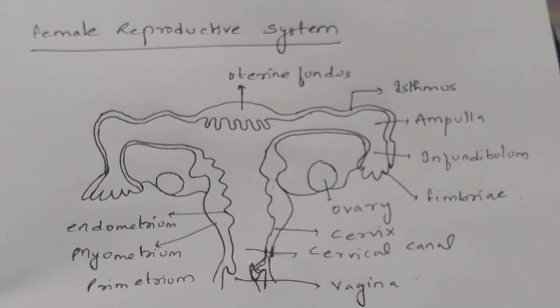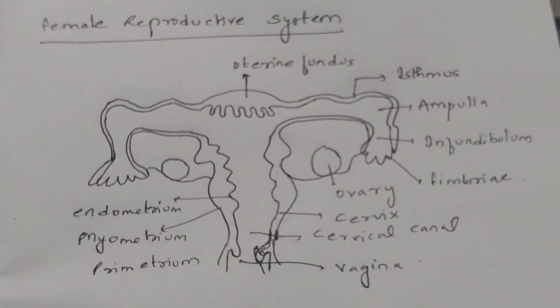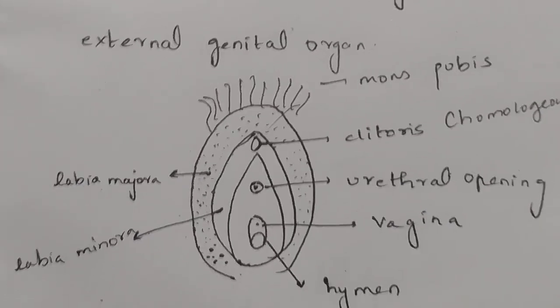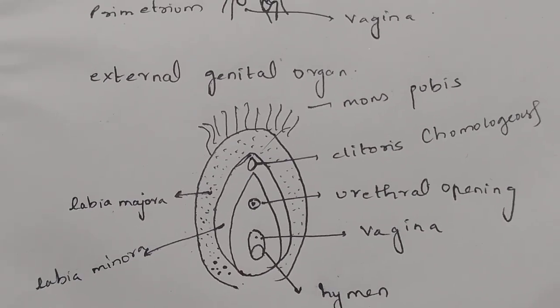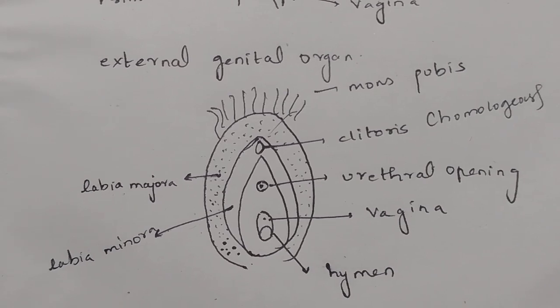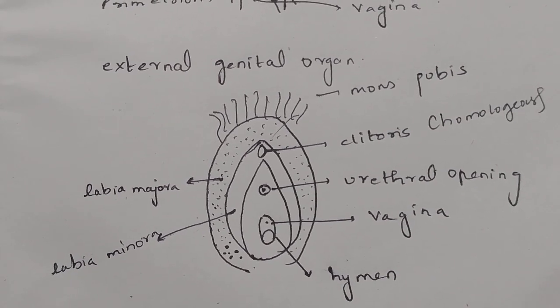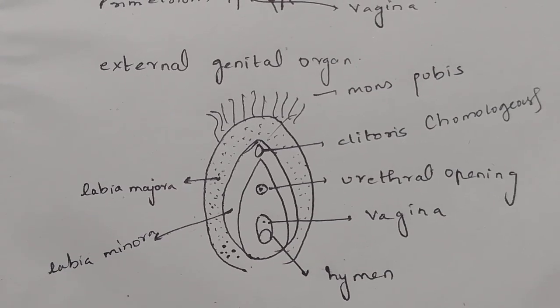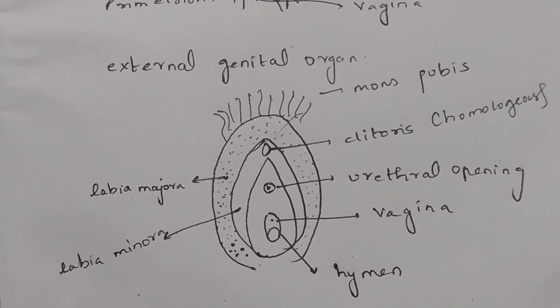And we will now discuss the external genitalia of the female reproductive system. We have discussed that the external genitalia include the mons pubis, clitoris, and the vagina is actually an accessory duct. The hymen is also external genitalia.